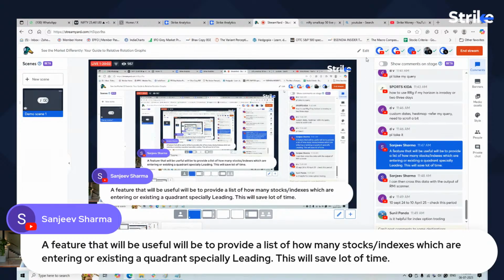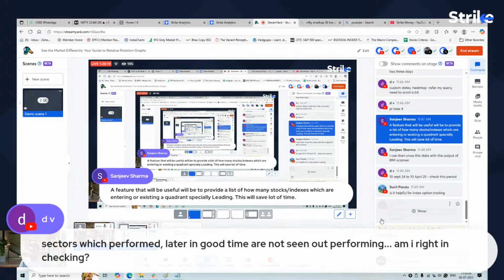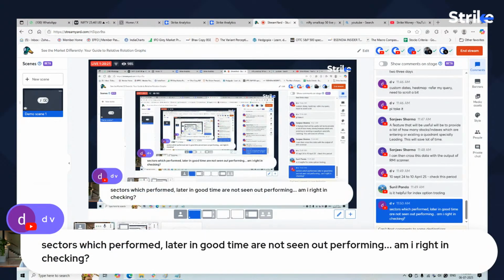If there are any additional scanners that you might want, or you might think would be helpful, you can just post to us. We will try and see how to accommodate those things.